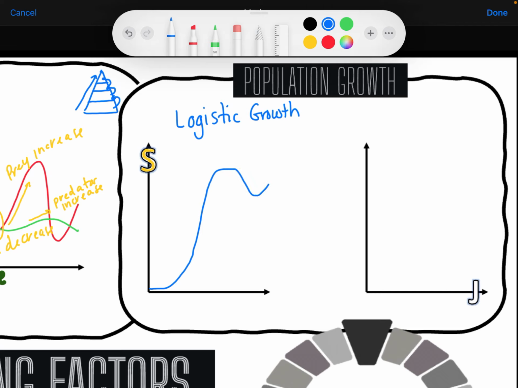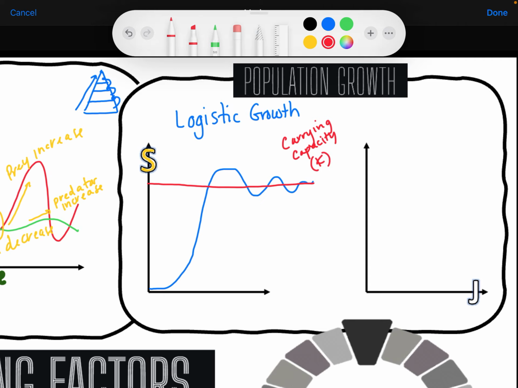They decrease back down and then settle right about here. And we talked about this in class, and this is what's called the carrying capacity. So let's label this as carrying capacity. And in science, we refer to this variable as K.